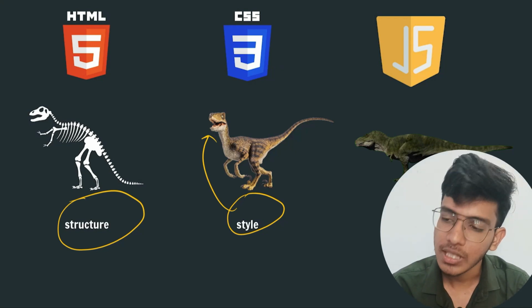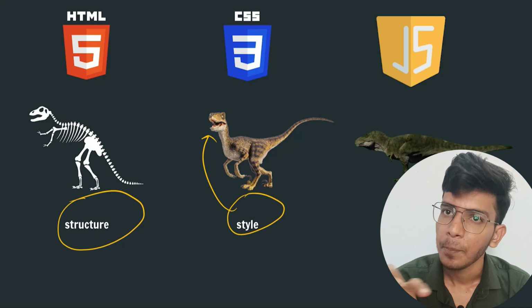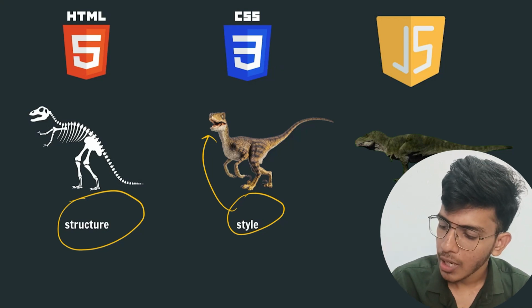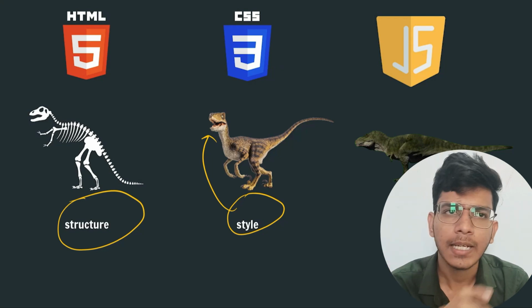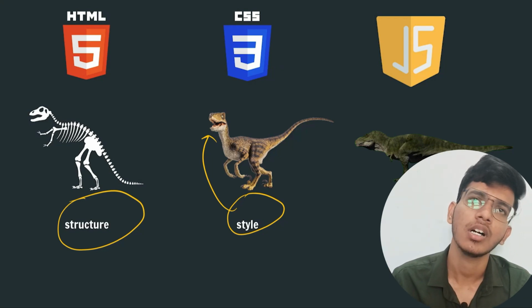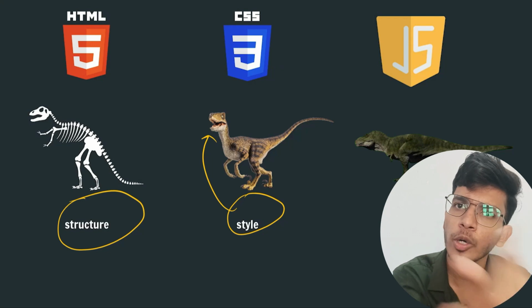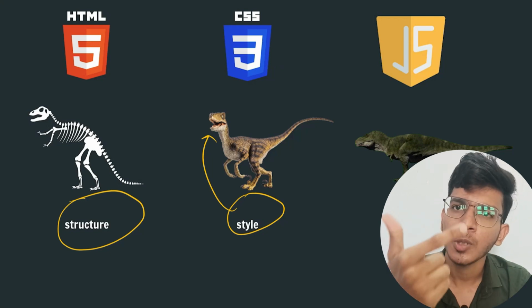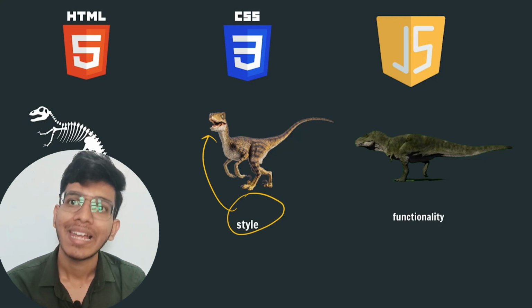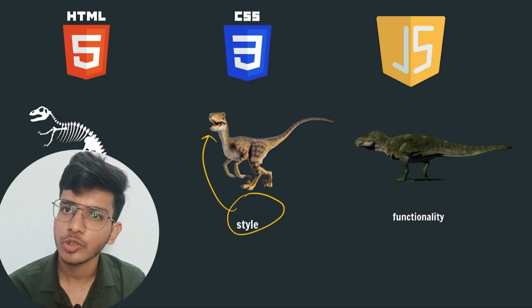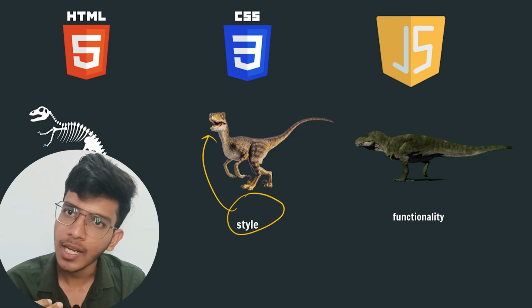Okay, and the functionalities: whenever I'm hitting login, I should get a new page. Whenever I'm hitting a button, it will show you something, it will show you some error, it should show you a prompt that you are going to some other thing. So this prompt, this warning, these are the functionalities of your whole website. For example, in Amazon.in, if I'm sorting based on rating, I should get my products.